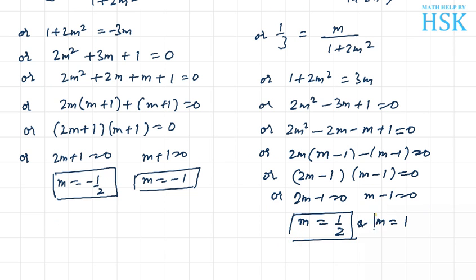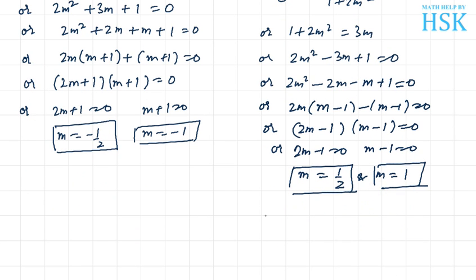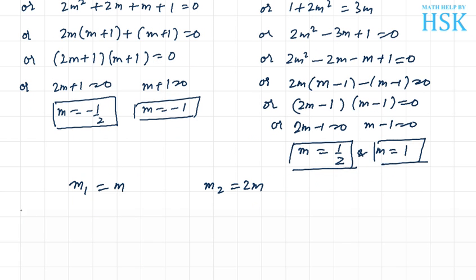So I get four values of m. I have taken that m1 is equal to m and m2 is equal to 2m. I get the first answer when m is equal to minus 1 by 2: m1 will be equal to minus 1 by 2 and m2 will be equal to minus 1.